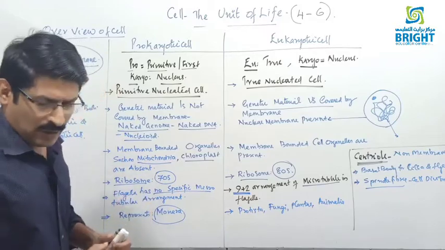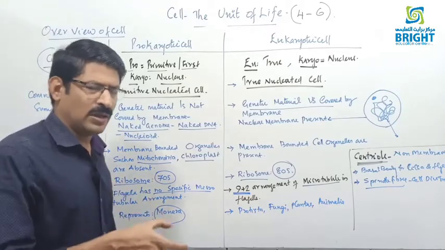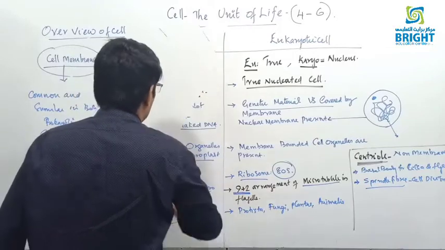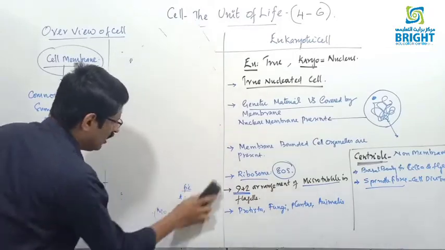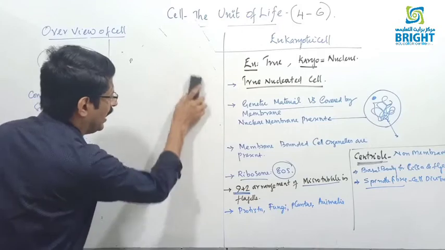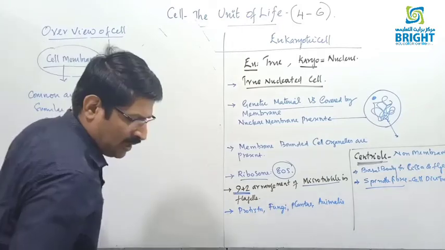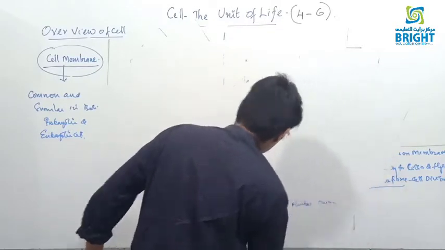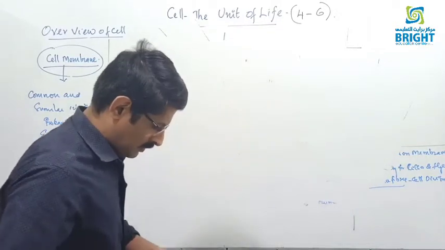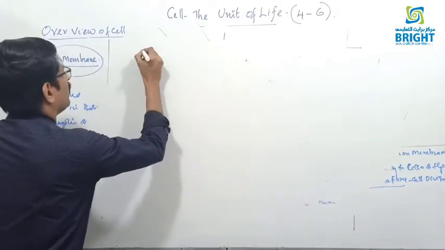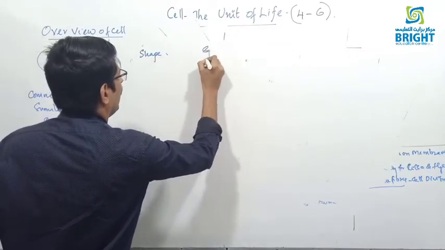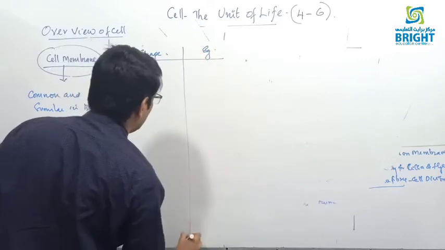Next, there are certain cells described in our textbook, only some cells, and we are discussing their shape and an overall idea of the size. The shape of the cell and examples are given as per NCERT.